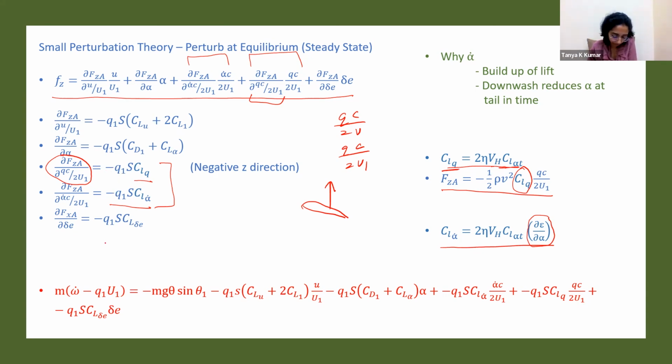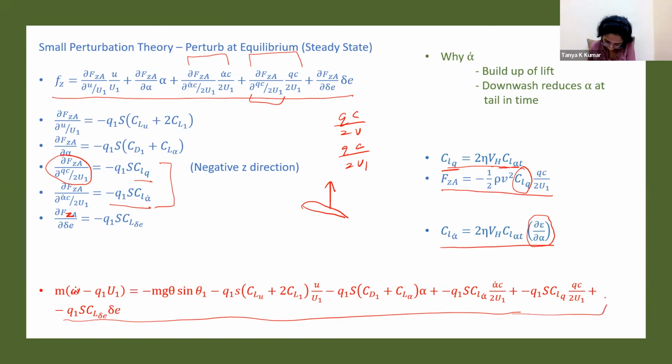Fx delta E, that is similar to, Fz delta E is similar to, okay, this is supposed to be Z. Just excuse me for that one. It's similar to the previous case. Again, as in the previous case, substitute these derivatives into the final equation to obtain the W dot equation. Okay, this is not omega, it is W dot.